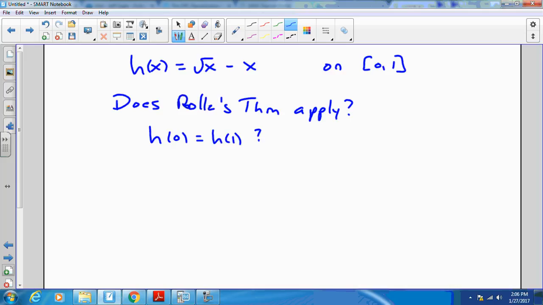Well, let's go checking. Does h of 0 equal h of 1? Yep. What do they both equal? 0. Yep. Is h continuous on the closed interval 0 to 1?